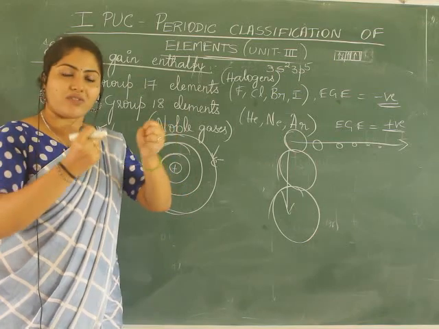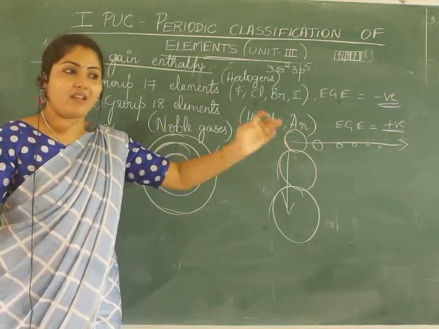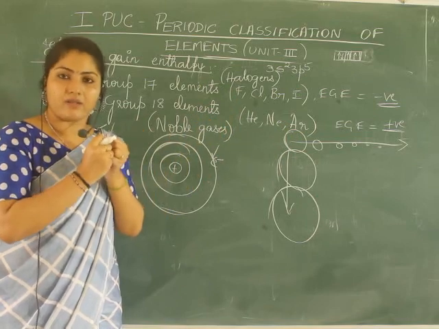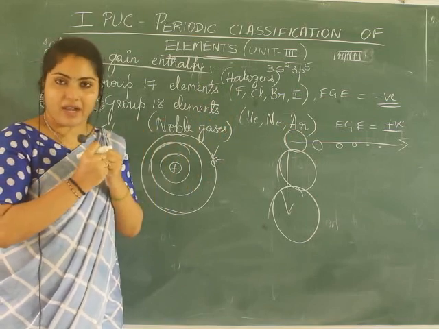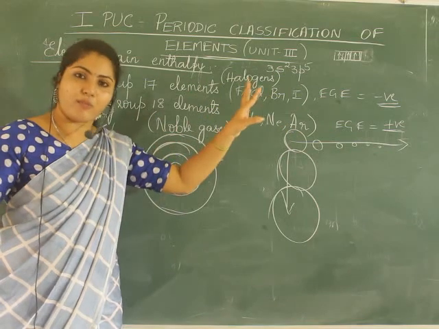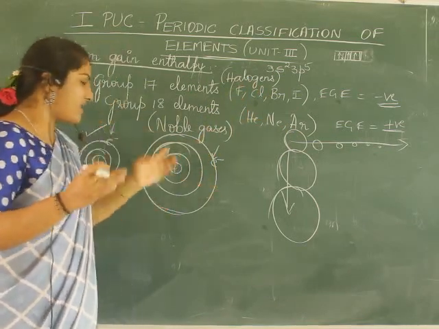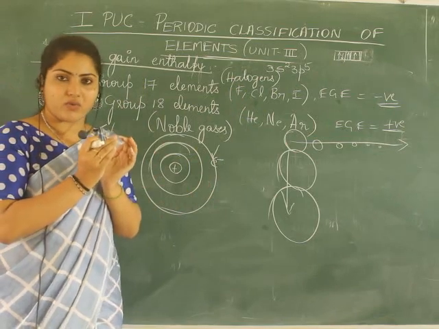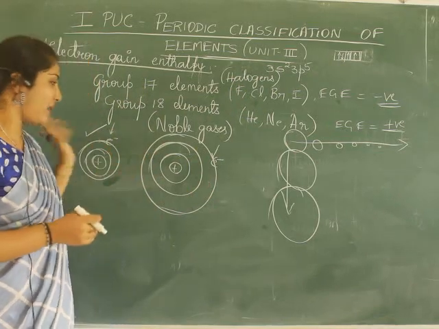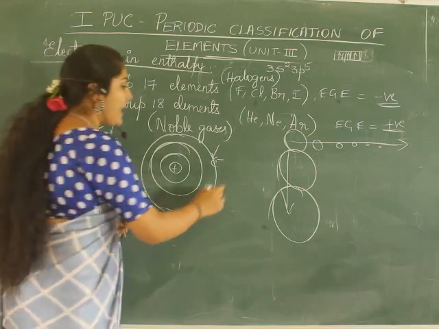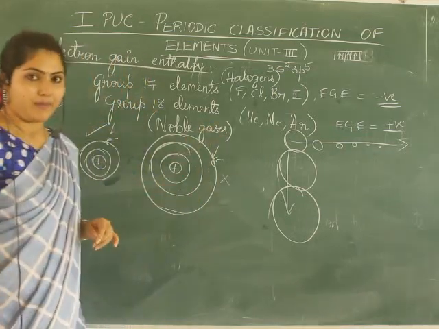Electrons and electrons repel, whereas electron and nucleus attract. Positive and negative attract, and negatives push each other away. That is why if the nucleus is closer to the outermost shell, it can experience more electron gain enthalpy, otherwise less.